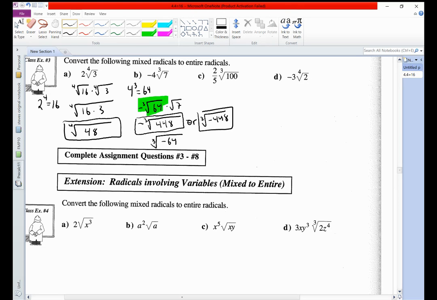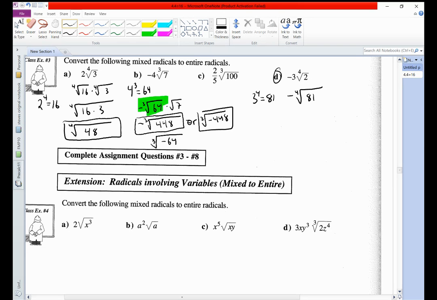And then I'll do D here. We'll leave C maybe for in class. So you have the fourth root, or -3 multiplied by the fourth root of 2. So you can say 3 to the power of 4 is 81. So now we have negative fourth root of 81.